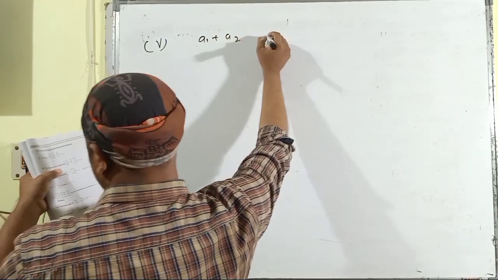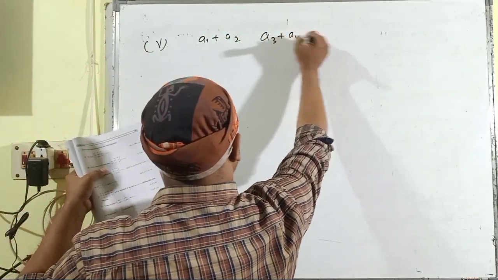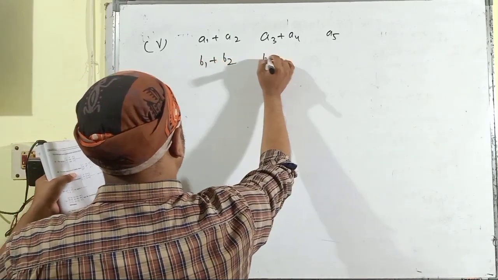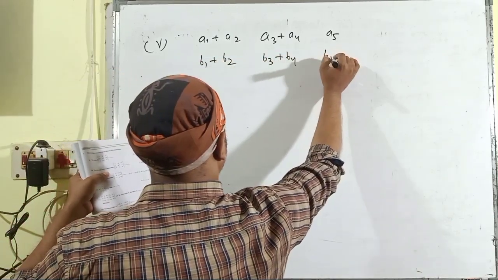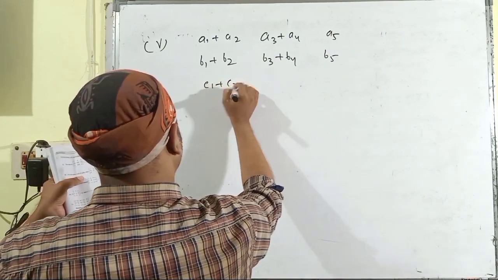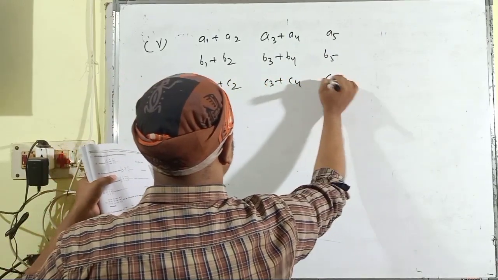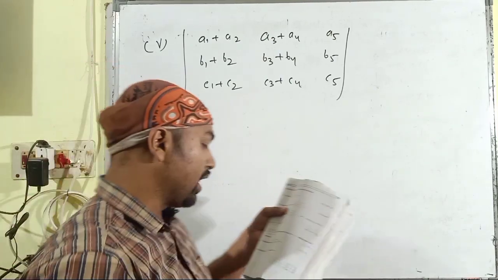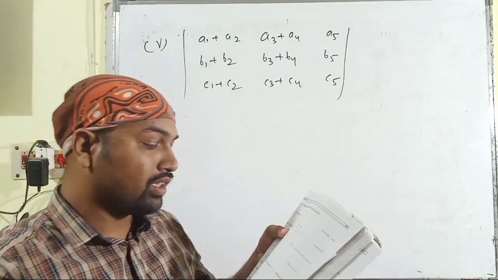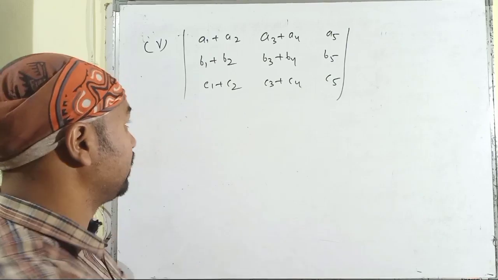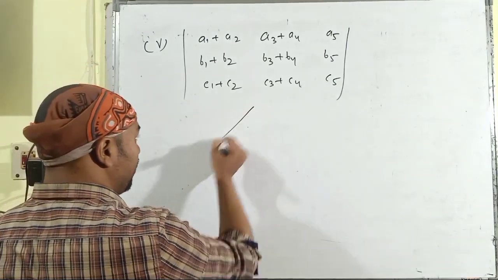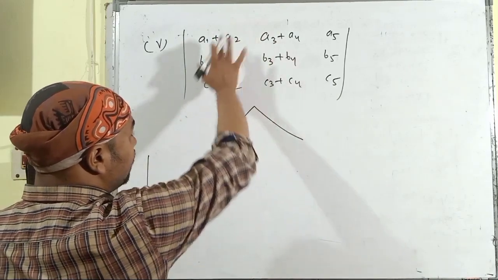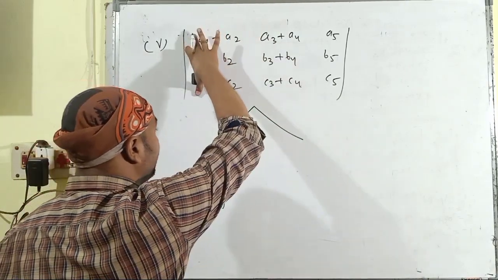The determinant has rows a1 plus a2, a3 plus a4, a5; b1 plus b2, b3 plus b4, b5; c1 plus c2, c3 plus c4, c5. This determinant can be expressed as at most dash different third order determinants. First of all, we have to separate this determinant based upon the first column.